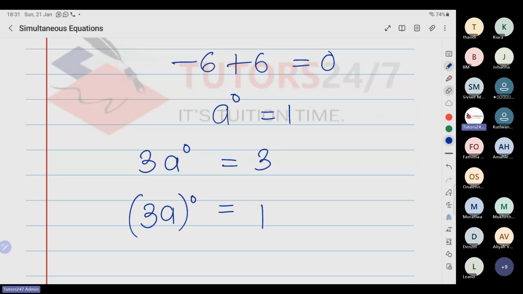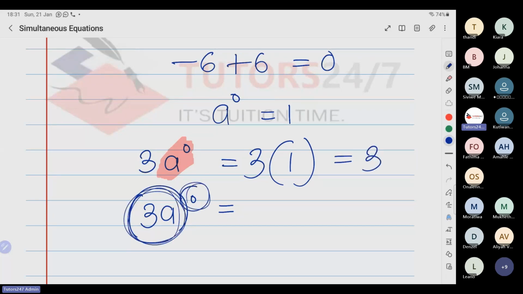Now, the difference is that in the first one, only a is to the power 0. So you repeat the 3, change a to the power 0 into 1. 3 times 1 is 3. In the second, everything to the power of 0 is 1, because they're telling you that everything within that bracket is to the power 0.